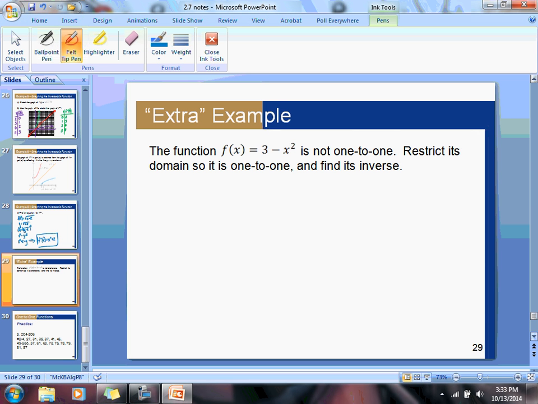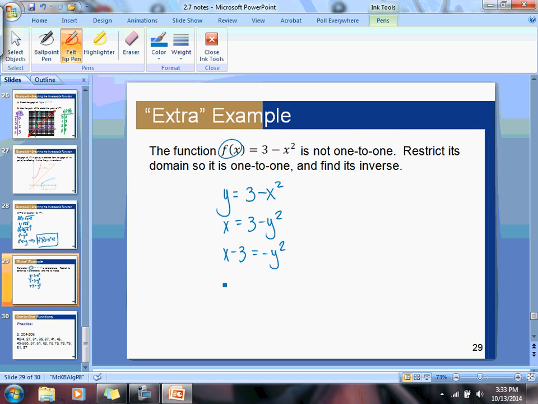Okay, now I'm going to take a look at the inverses first before we talk about the domain. If I'm going to find the inverse, I'm going to swap out this f of x for a y. 3 minus x squared. Then I'm going to flip-flop the x and the y. And then I'm going to solve for y. So I'm going to subtract the 3.